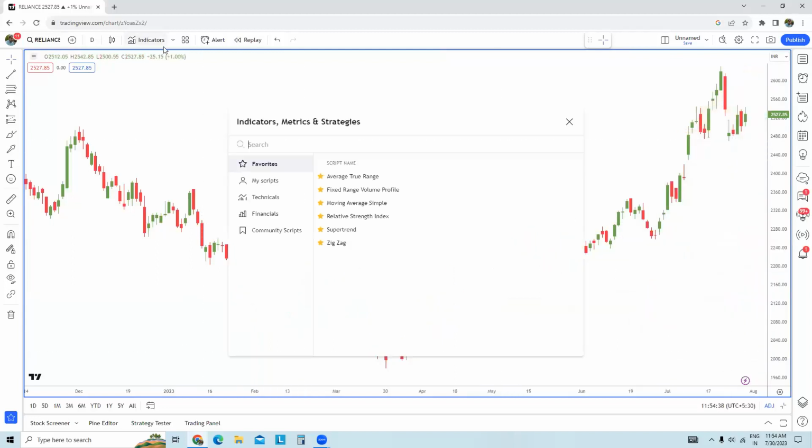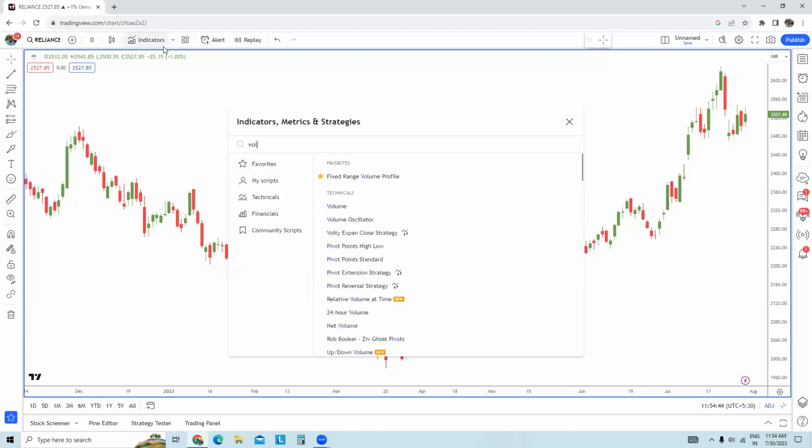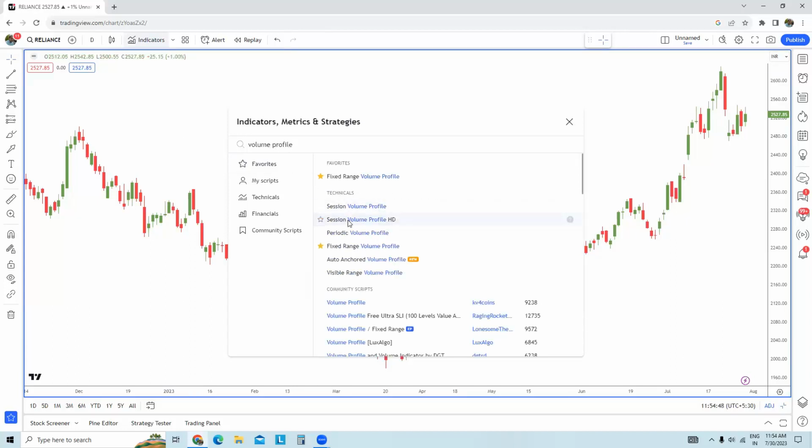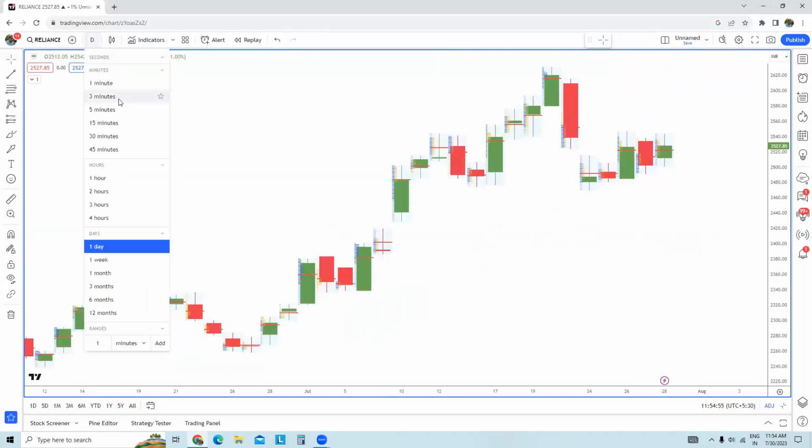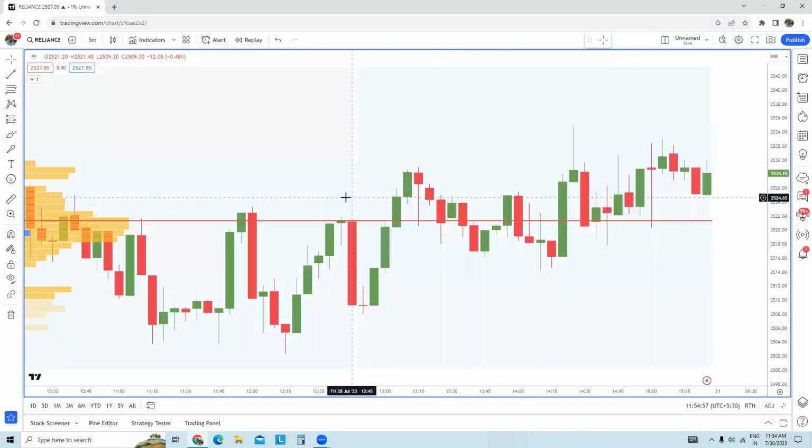Now, the second way to use volume profile, in case you are an extremely short-term trader, say, a day trader or an intraday trader, is the session volume profile HD. To use this, obviously you need to go to a shorter-term time frame chart like 5 minutes.